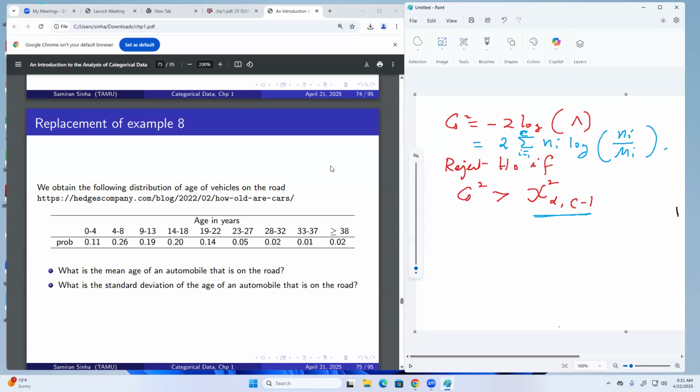The question is, what is the mean age of an automobile that is on the road? So how do you calculate that? This is grouped data. So how do you calculate the mean age? And what is the standard deviation of the age of an automobile that is on the road?